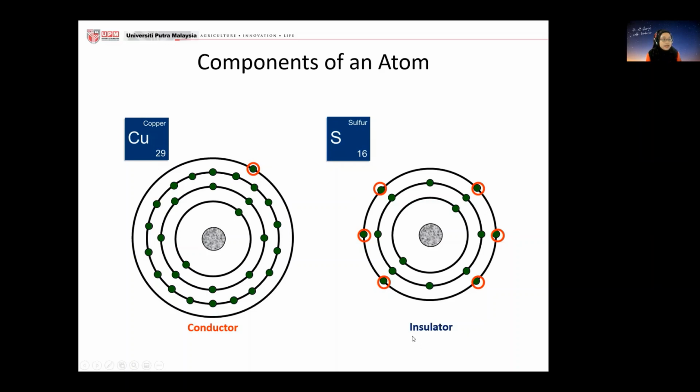So that makes it an insulator, because it only accepts electrons but doesn't release them. So that's what makes a material either a conductor or an insulator. It basically relates back to the components of an atom.